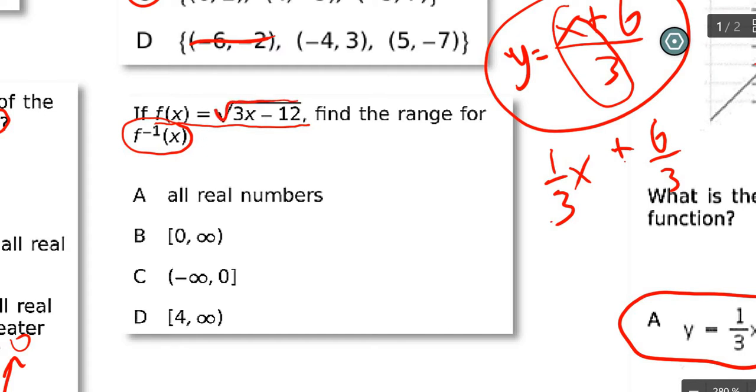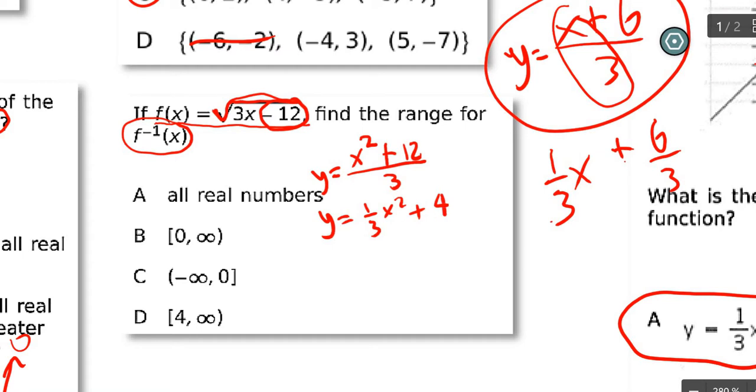So our answer will have something like x squared, which gets rid of that. After that, we add 12 to get rid of that, and then we divide the answer by 3. So it will be like this at the end: 1/3 x squared plus 4.